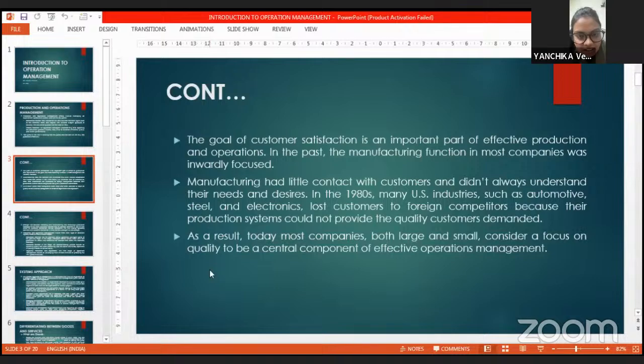In the 1980s, many USA industries such as automotive, steel, and electronics lost customers to foreign competitors because their production systems could not provide the quality customers demanded. As a result, today most companies, both large and small, consider a focus on quality to be a central component of effective operation management.